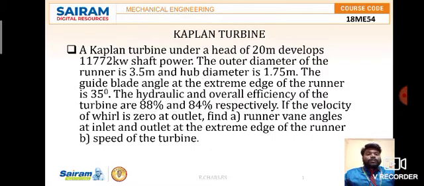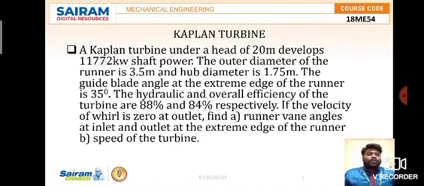The numerical goes like this: a Kaplan turbine under a head of 20 meters develops 11,772 kilowatts shaft power. The outer diameter of the runner is 3.5 meters and the hub diameter is 1.75 meters. The guide blade angle at the extreme edge of the runner is 35 degrees.